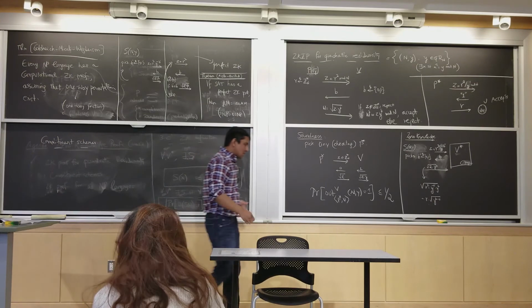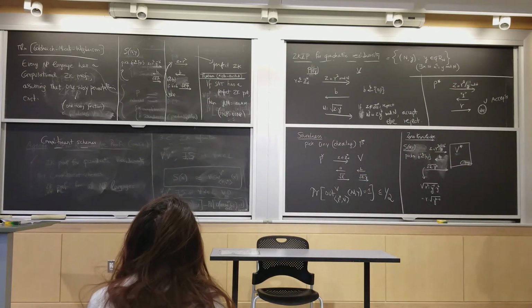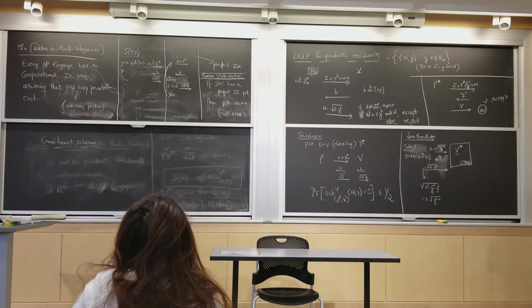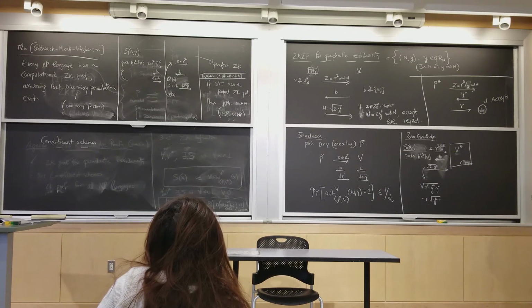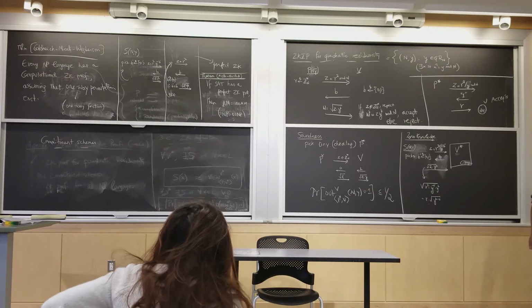Okay, so what is a commitment scheme? There are two parties again, not a prover and verifier, but rather sender and receiver. The sender has a bit B, and what the sender wants to do is put the bit B inside a locked box and send it to the receiver.